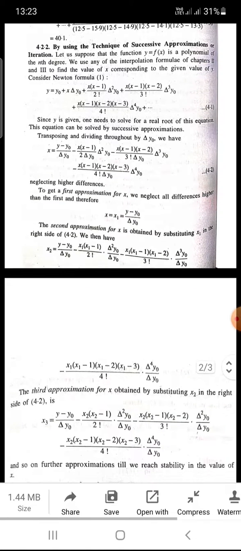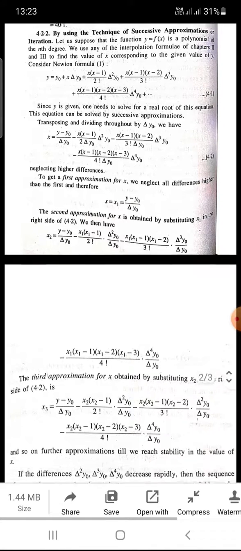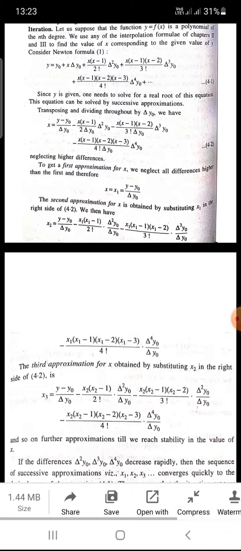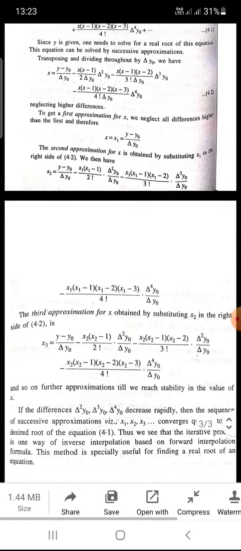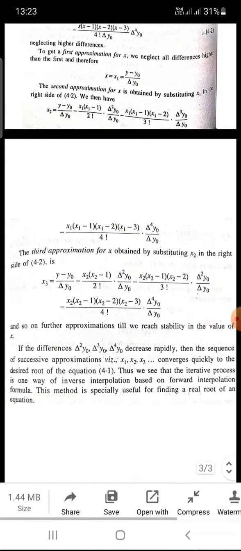The third approximation for x is obtained by substituting x2 in the right hand side, and so on, with further approximations until we reach stability in the value of x.